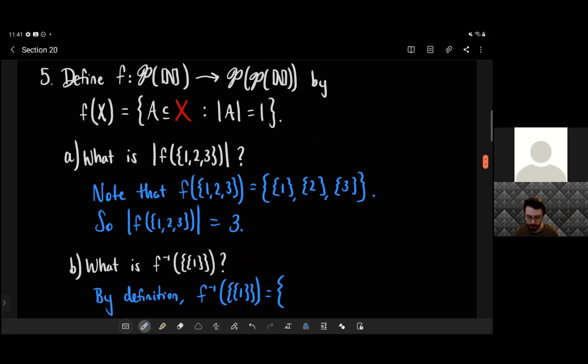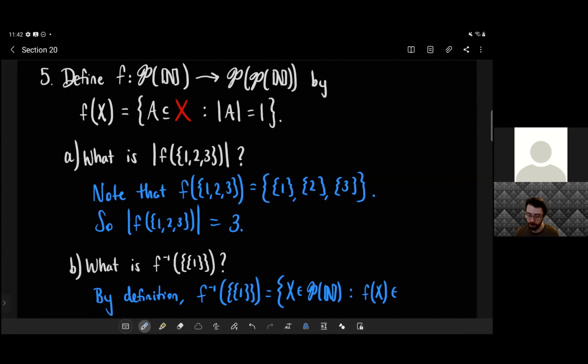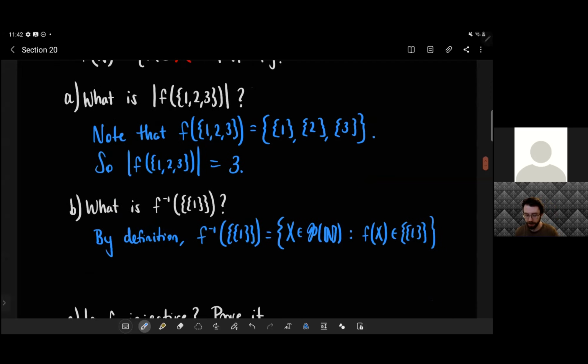Our domain is the power set of n. So maybe I'll say it's the set of all x in the power set of n such that f of x is in the set we started with, the set containing one. Okay, hideous, right?